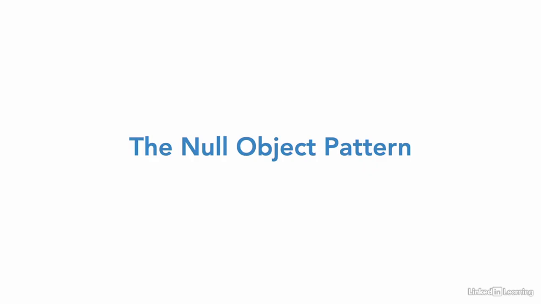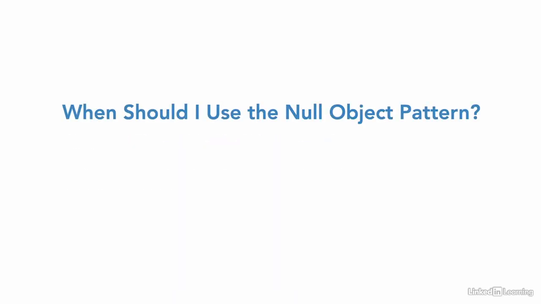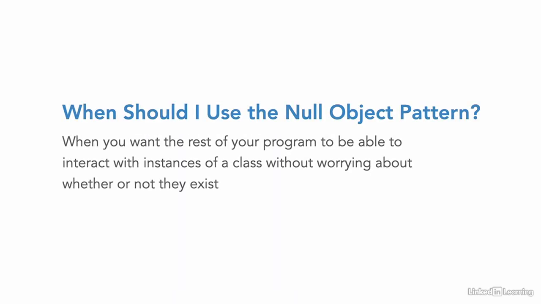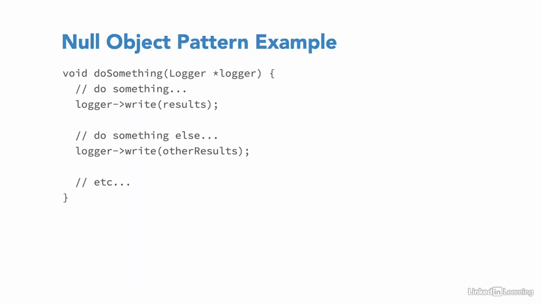Okay, let's move on to the final behavioral design pattern of this course, the null object pattern. The null object pattern is used when we need to define some sort of default behavior for an object so that other objects can interact with it without worrying about whether it exists or not. Okay, so let's imagine for a minute that we're writing some sort of class that implements some sort of process, right?